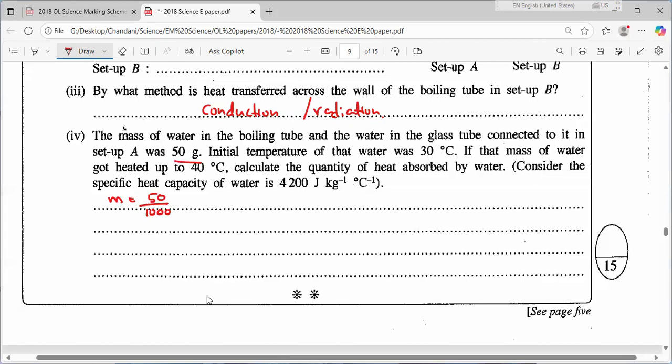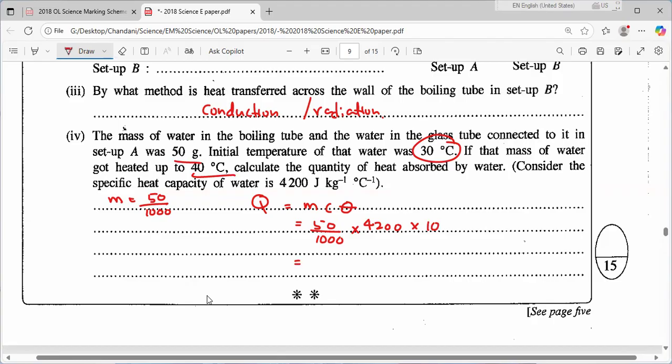Then you can use the equation Q equals mc theta. The mass is 50, divided by 1000. Specific heat capacity 4200. And the temperature difference from 30 to 40 is 10 Celsius.